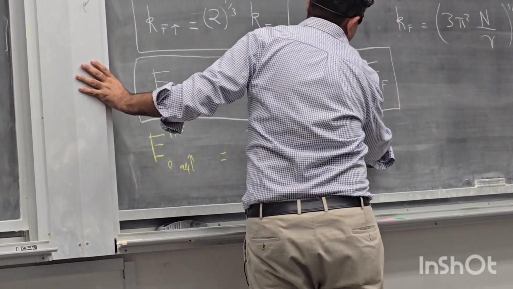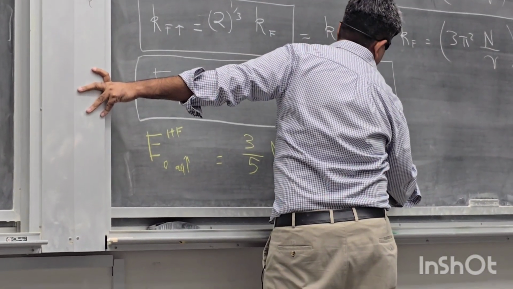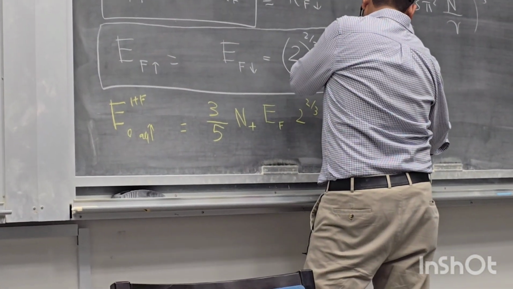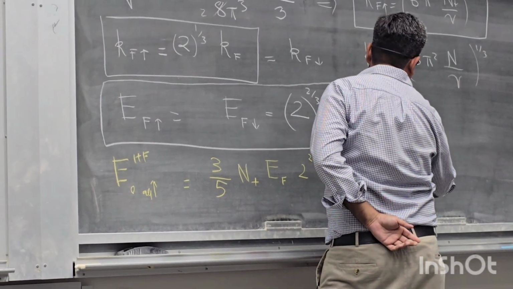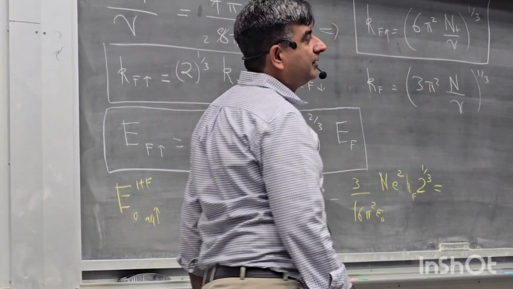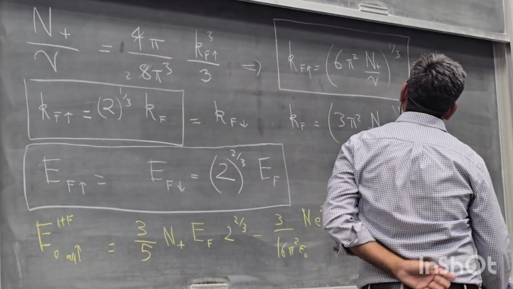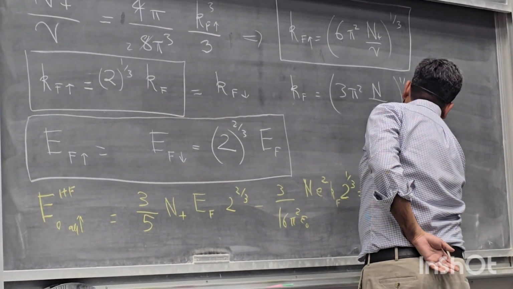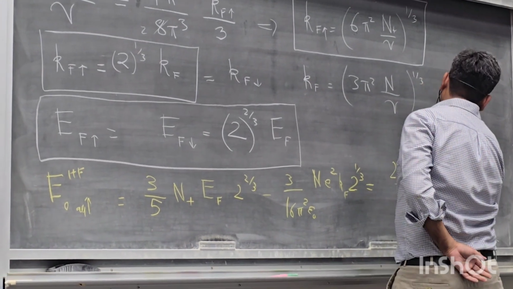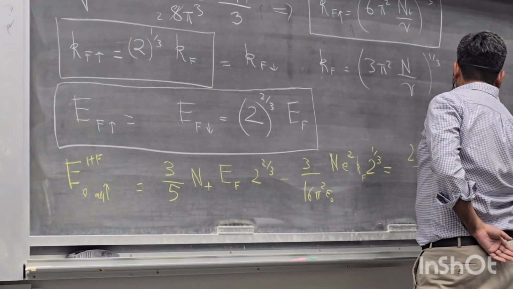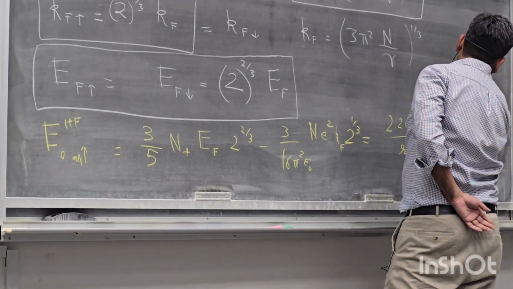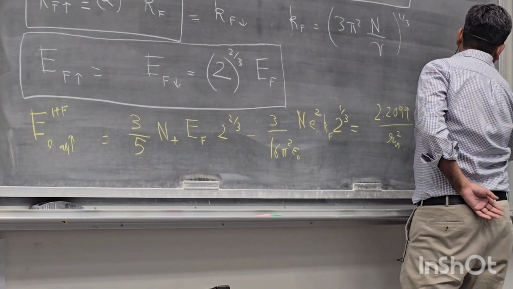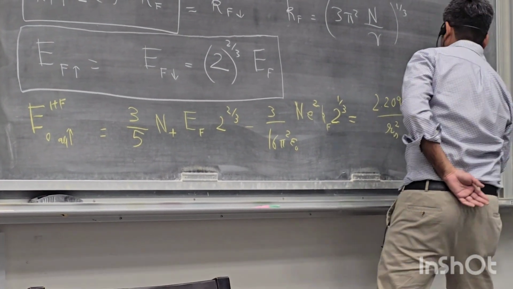Minus epsilon pi square epsilon naught n E square kF. Correct? So that's just, if I look at that term over here, the new energy is 2.2099 over rs square into 2 Rydberg.